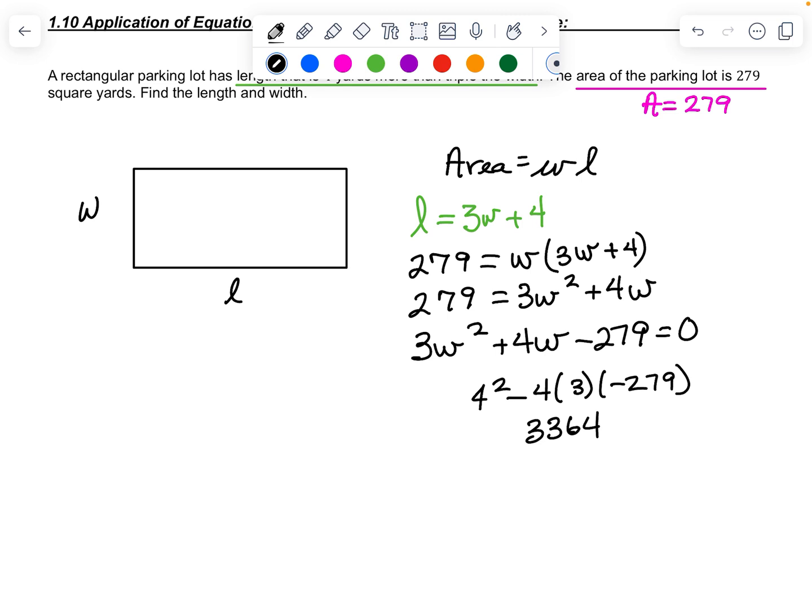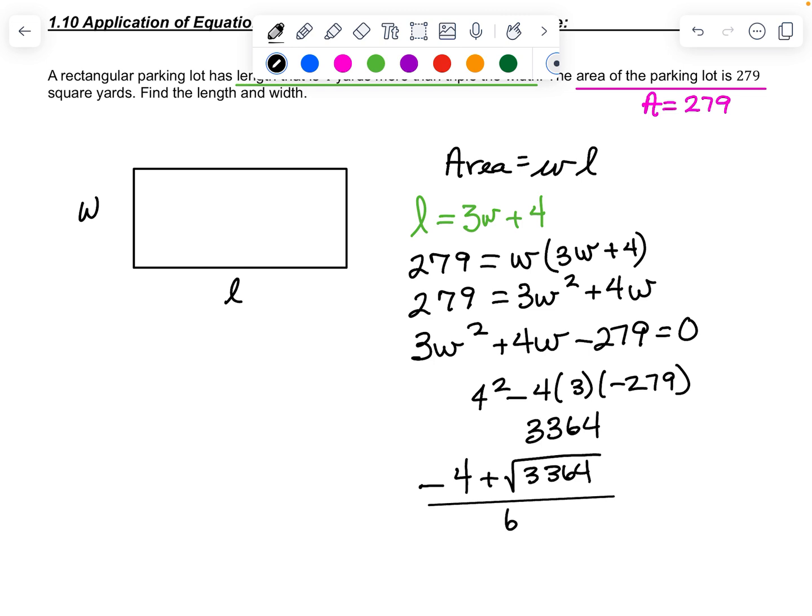So then the quadratic formula would be the opposite of B, which is 4, plus the square root of 3,364, divided by twice A. And A is 3, so 6.